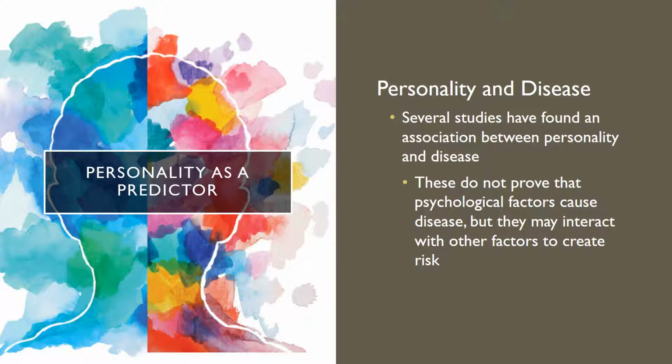According to this research, people with a helpless, hopeless attitude are more likely to die from cancer, whereas people who react to their illness with anger and emotional arousal are much more likely to die from cardiovascular disease. Now, these findings do not prove that psychological factors cause disease, but they may interact with other factors to create risk.